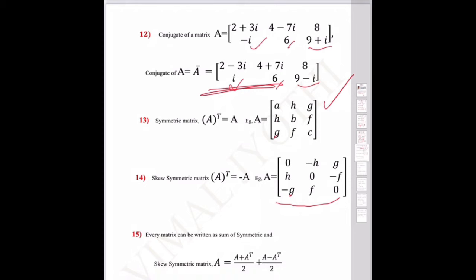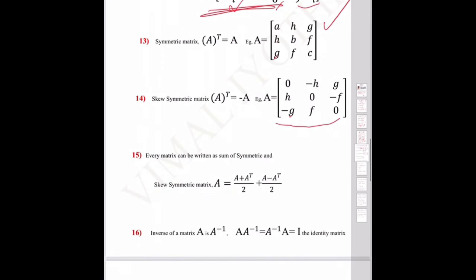Then, every matrix can be written as a sum of a symmetric and skew symmetric matrix. That is, A equal to A plus A transpose by 2, this is a symmetric matrix, and A minus A transpose by 2, this is a skew symmetric matrix. That is, the matrix A is a sum of a symmetric matrix and a skew symmetric matrix.